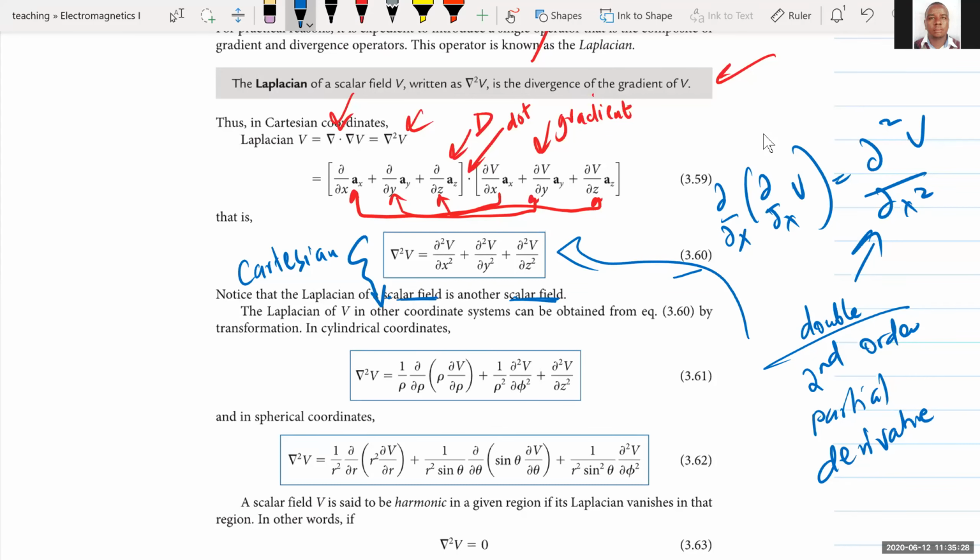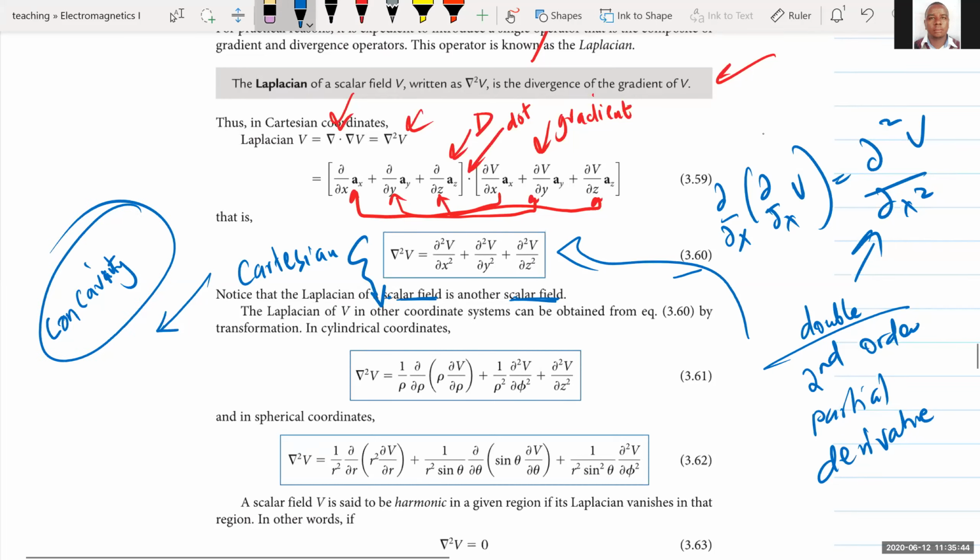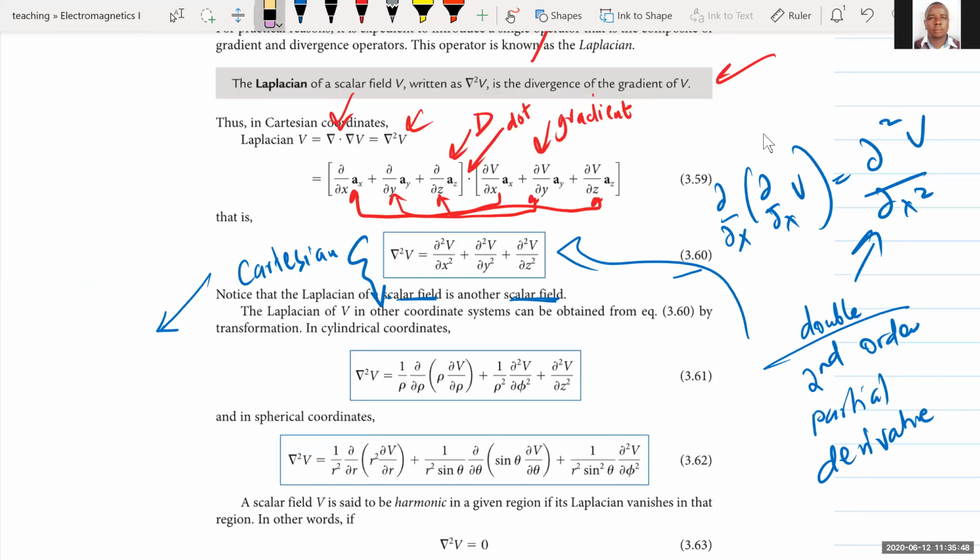Now, the video that I've alluded to talks about the concept of concavity. How concave is your curve? That is the idea that you're going to see introduced there. I don't necessarily want to go through it because you can do the same by watching the video.